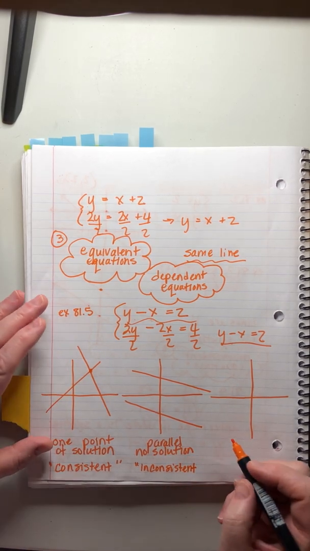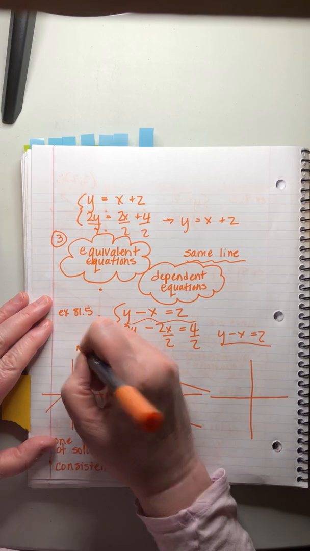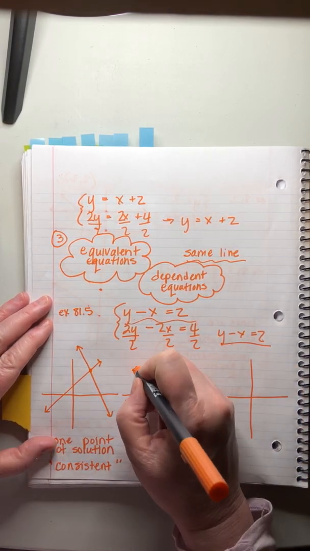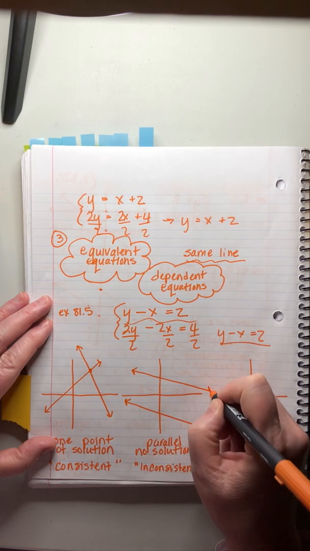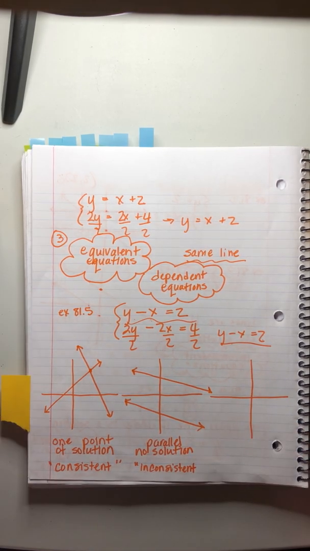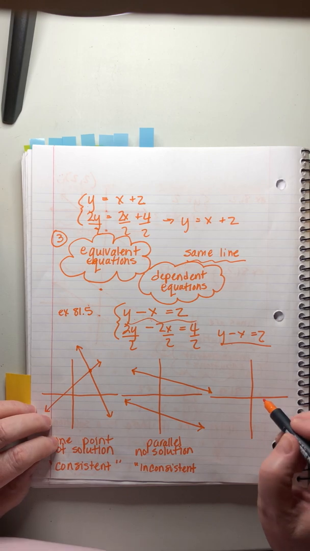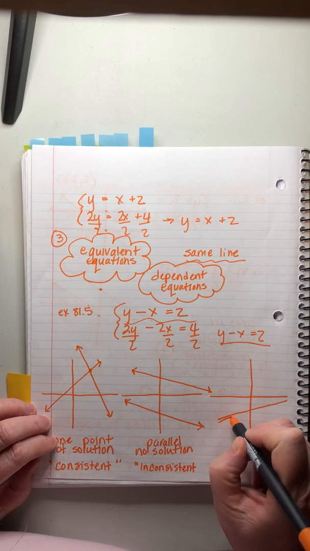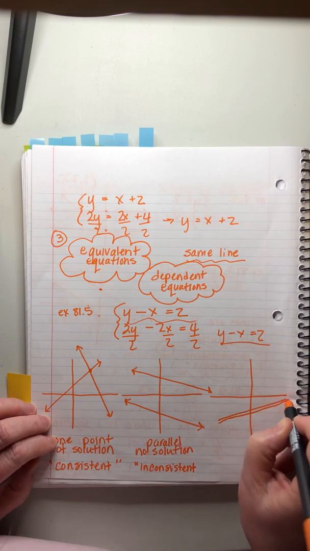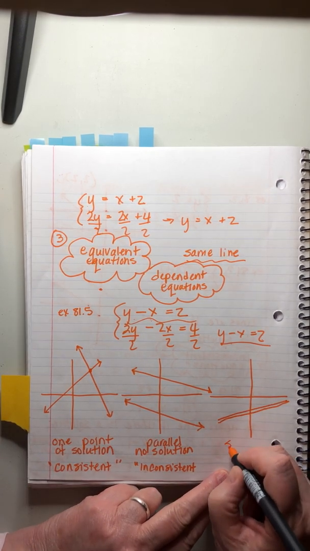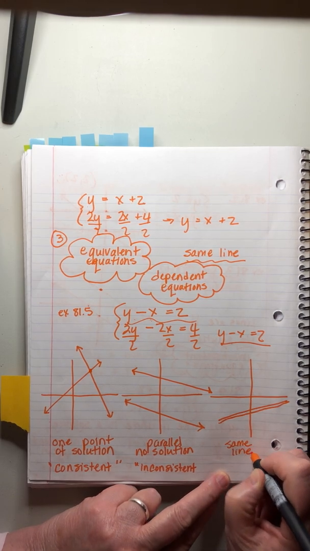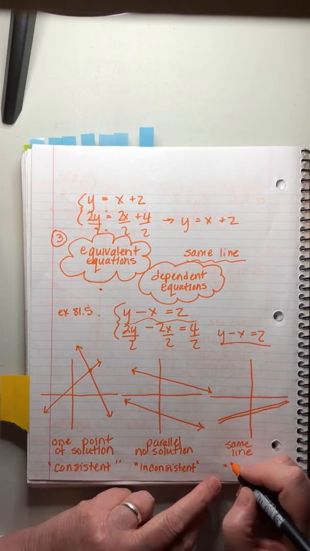And then we have a third scenario here. Let me put arrowheads on here. That helps you see the lines separate from the graphs. And then our third one, and I'm going to draw it so it looks like 2 separate lines, but it's really not. I mean for it to be the same line, and those are called dependent.